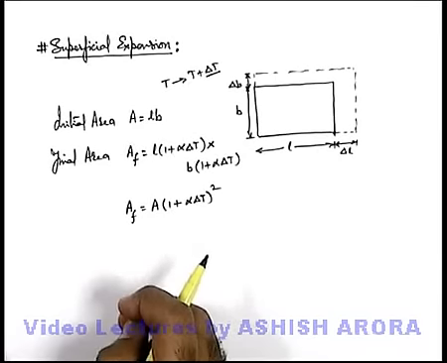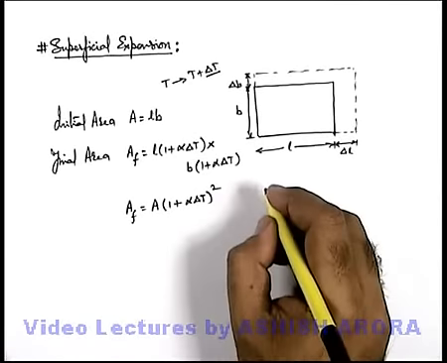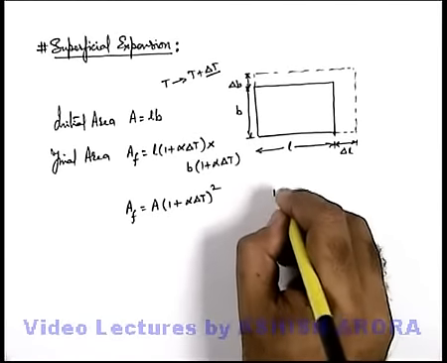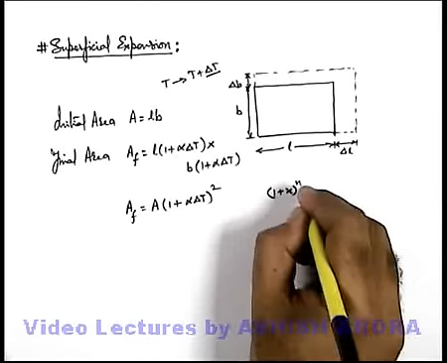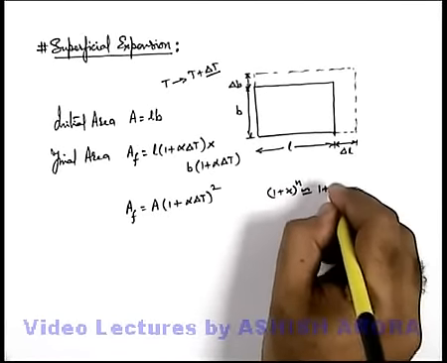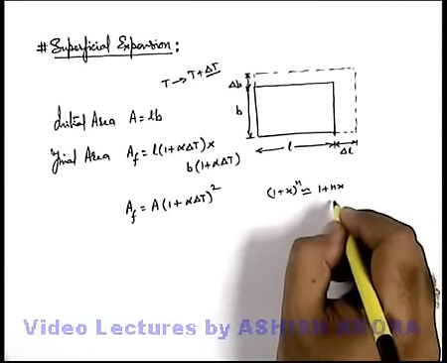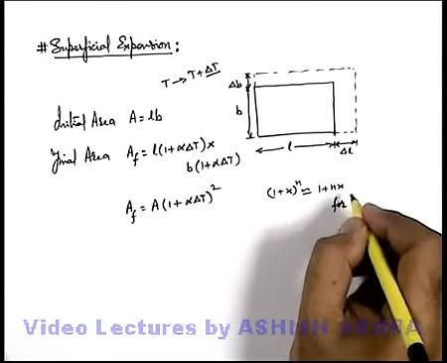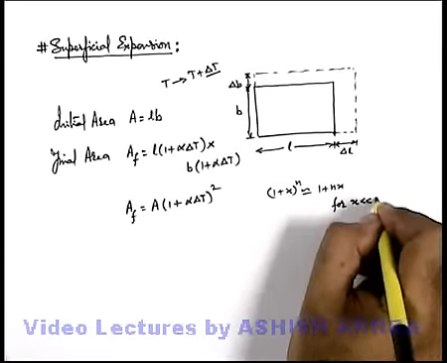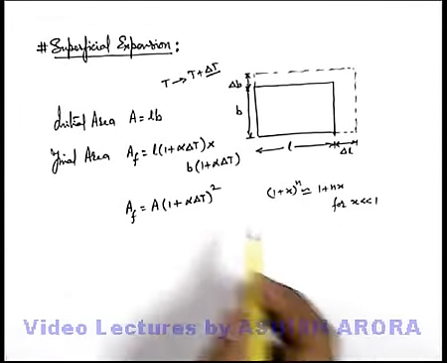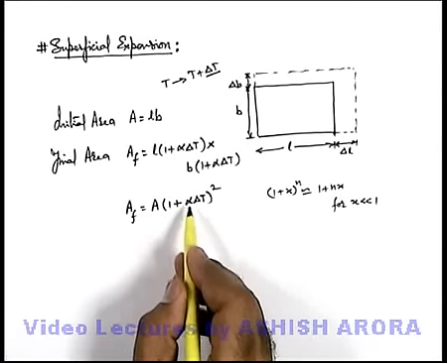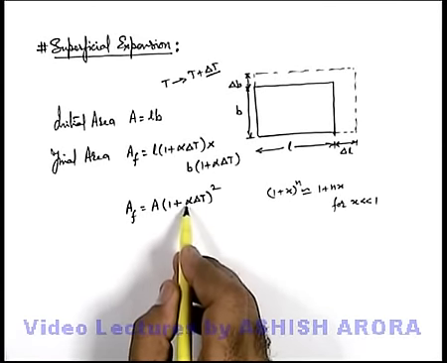Now in this situation, we know by binomial expansion, 1 plus x to power n can be approximately written as 1 plus nx. The power can be taken in and we can neglect higher powers. This can be taken for x very less than 1. So generally it is observed that the coefficient of linear expansion is a very small quantity.